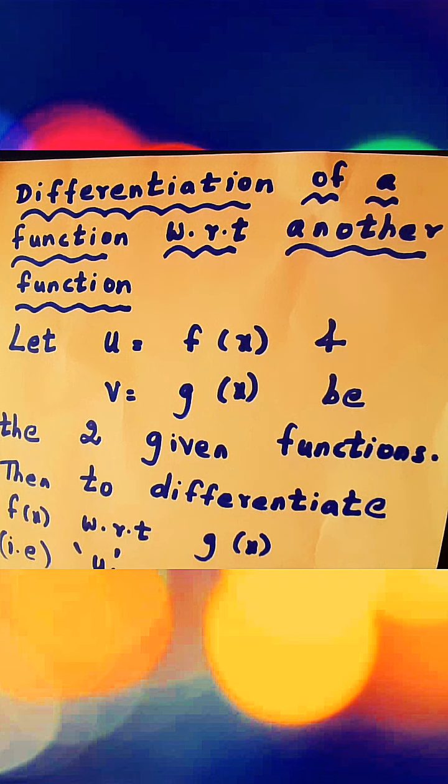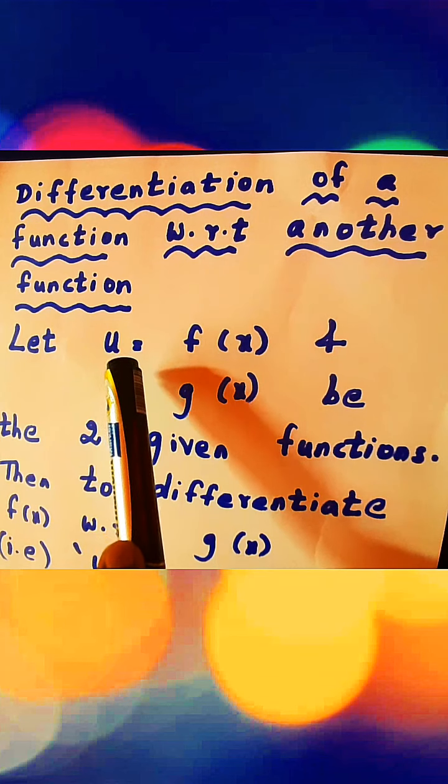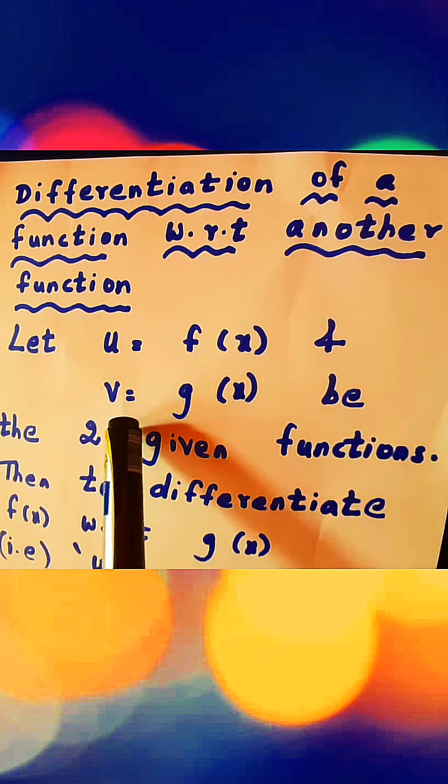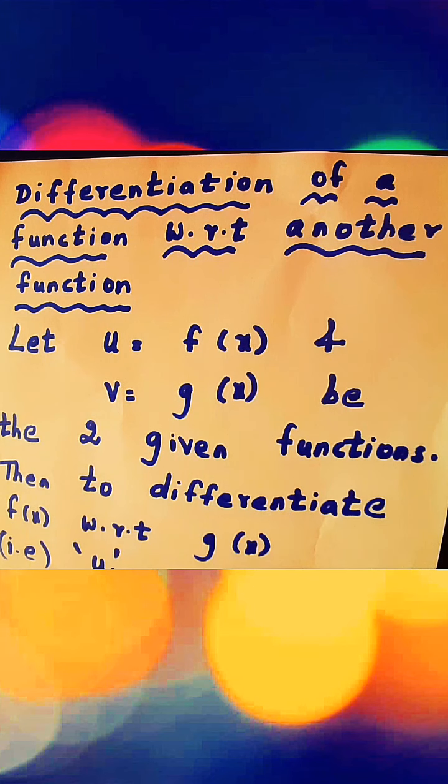Now we'll be coming back to today's class, that is differentiation of one function with respect to another function. Suppose you have u is equal to f of x and v is equal to g of x, the two given functions.